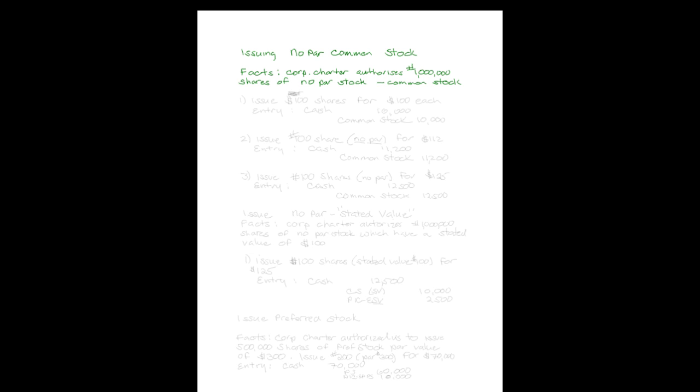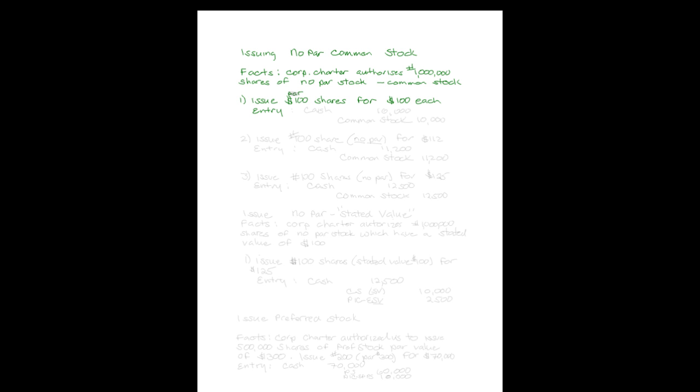Let's assume our corporate charter authorizes us to issue up to 1 million shares of no par stock, and it's common stock. And let's assume further that we issue $100 par value shares for $100 each. So our par value is 100 and we sell it for 100 each. That's what the market will bear.